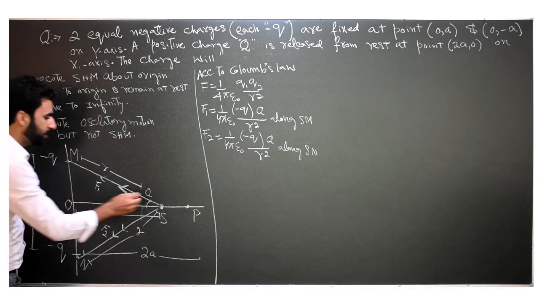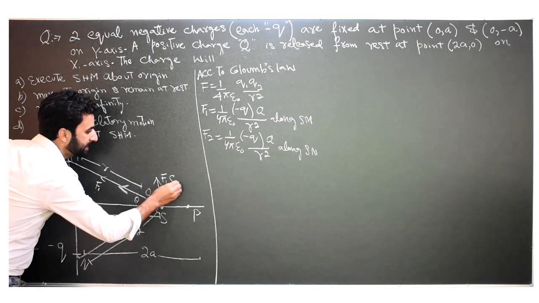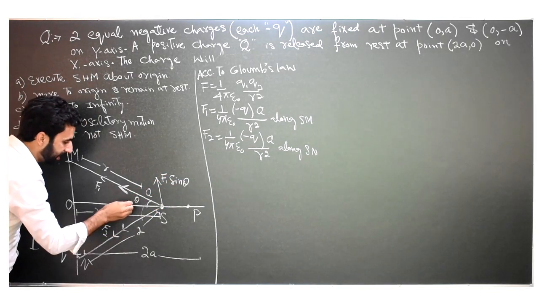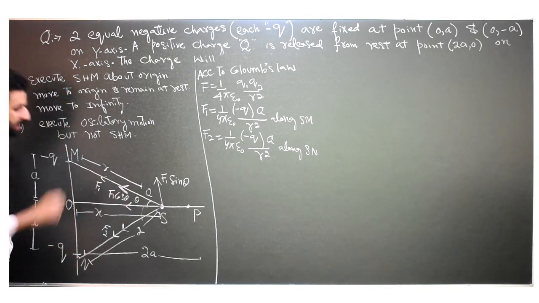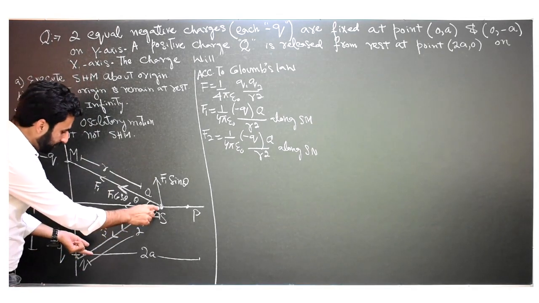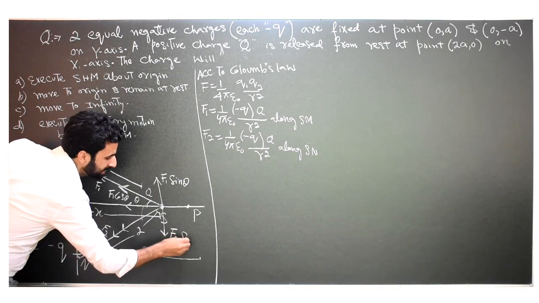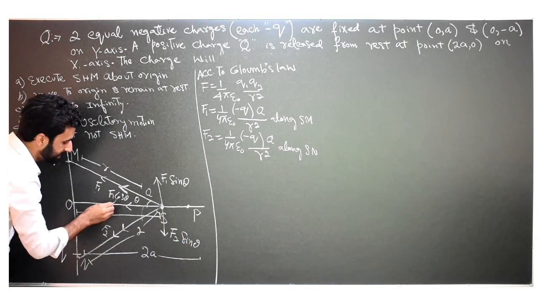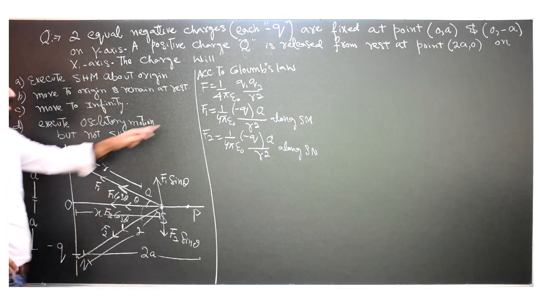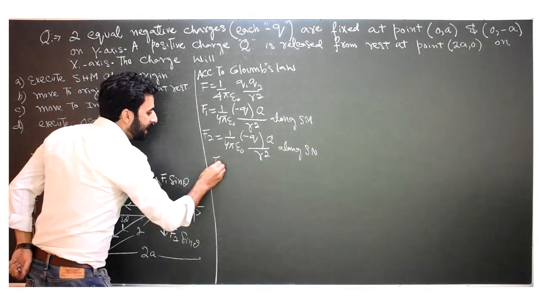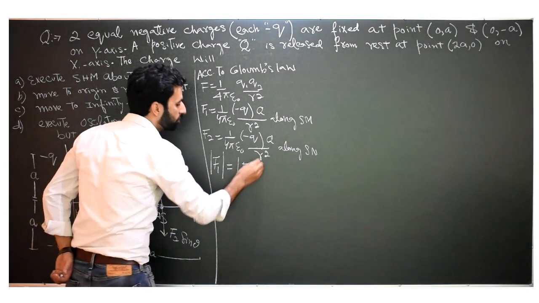If we resolve F1 into rectangular components, this will be F1 sine theta, and along this axis we will have F1 cos theta. Similarly, once we resolve F2 into rectangular components, this will be F2 sine theta, and along this axis we will have F2 cos theta. Now F1 is equal in magnitude to F2.